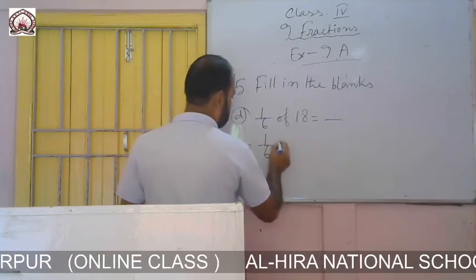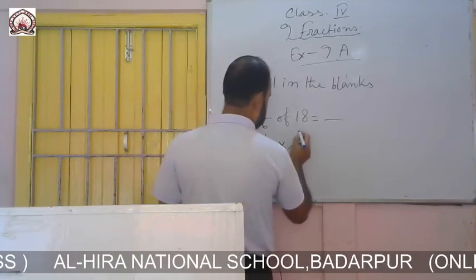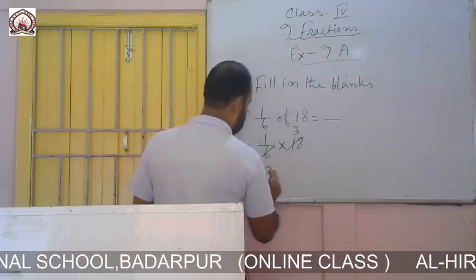So 1/6 into 18. Cut 6 1 is 6, 6 3s are 18. So 3 1 is 3.